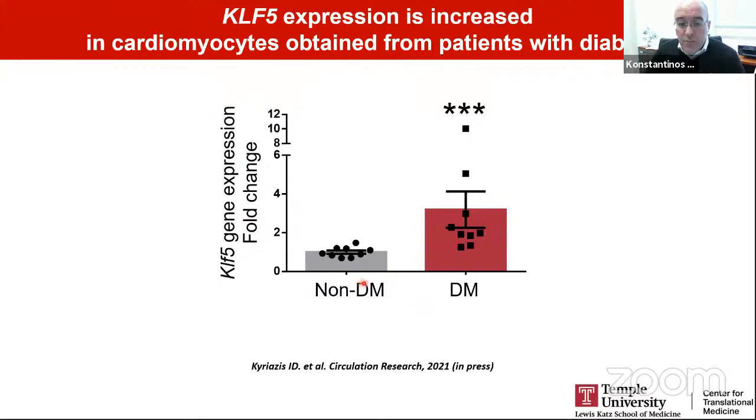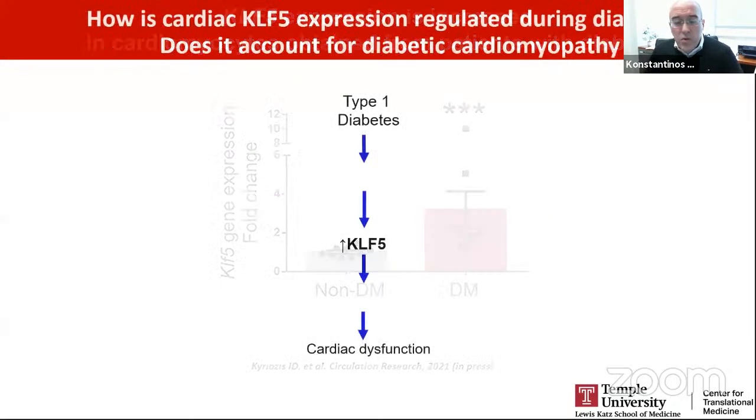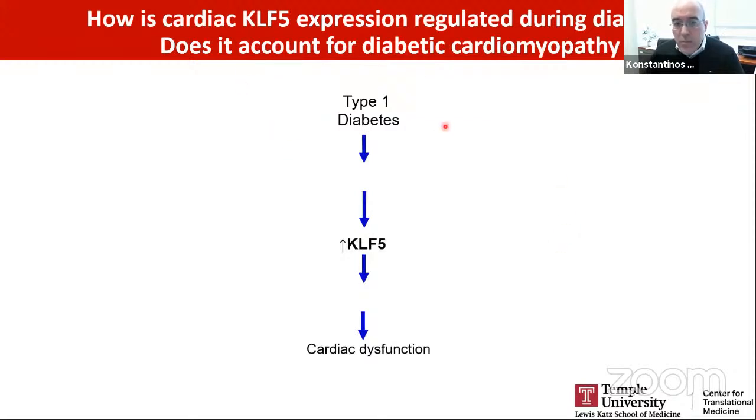In the patients with diabetes, KLF5 expression is significantly increased. So this is how we started building up the pathway. In type 1 diabetes, in both humans and experimental animals, KLF5 is increased, and of course this is associated with cardiac dysfunction. The 2 questions we had were how it is regulated and whether it really accounts for cardiac dysfunction.